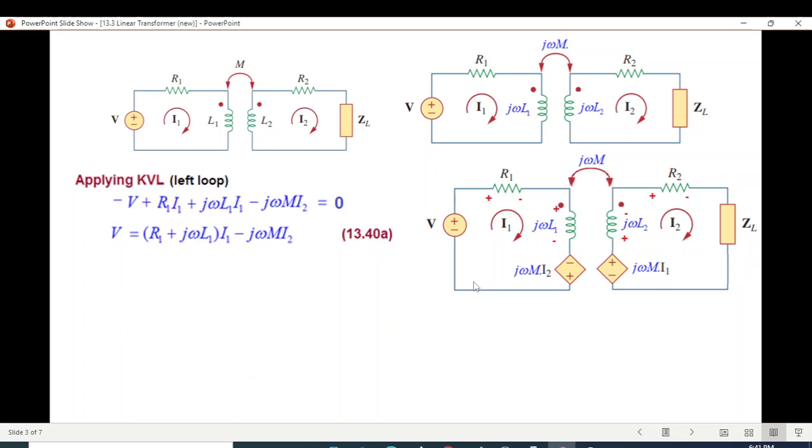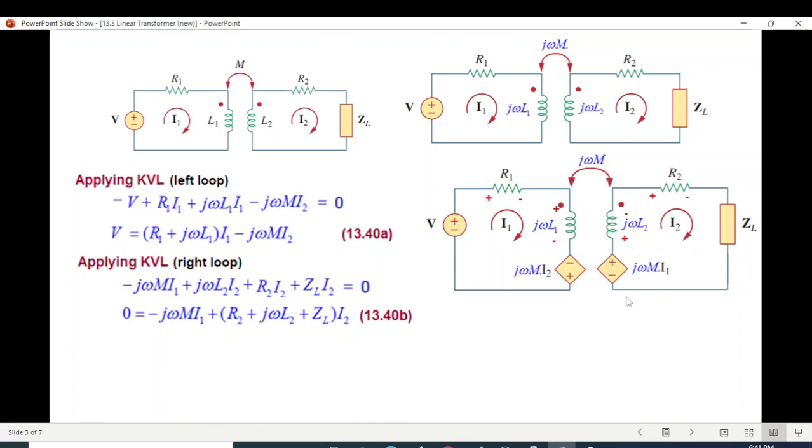So for the left loop, we go from here: negative V, I1 R1, I1 j omega L1, and negative j omega M I2. So this is our equation for the left loop. Rearranging, we get this one. Now we go to the right-hand loop, again KVL, starting from one corner: negative j omega M I1, plus j omega L2 I2, then R2 I2 and ZL I2.